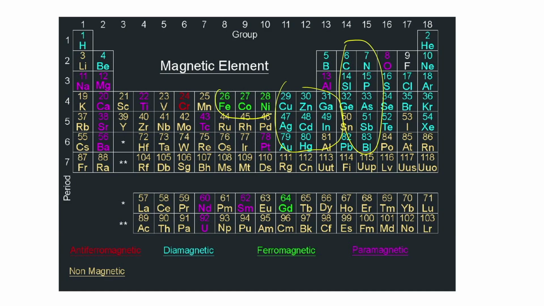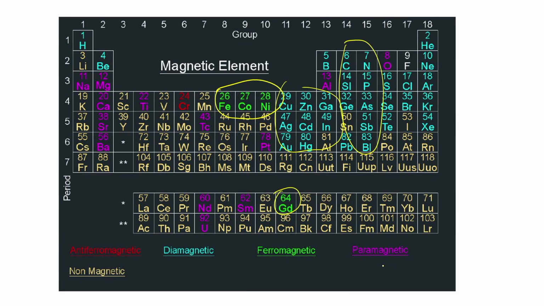And we have ferromagnetic. These are the well known ferromagnets, that is iron, cobalt, nickel, and also gadolinium here. These are well known ferromagnets with a large magnetic susceptibility. We will talk about that in a while. And there are paramagnetic materials, which means they do not have a magnetic property of their own, but they show magnetism when they are exposed to external magnetic fields.